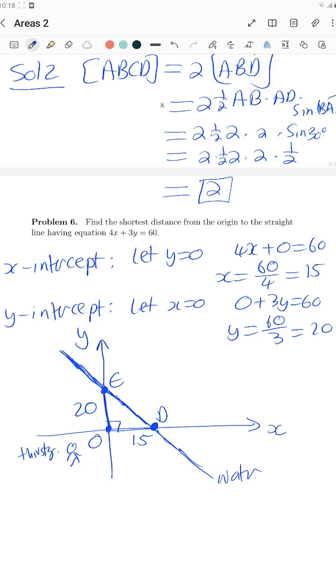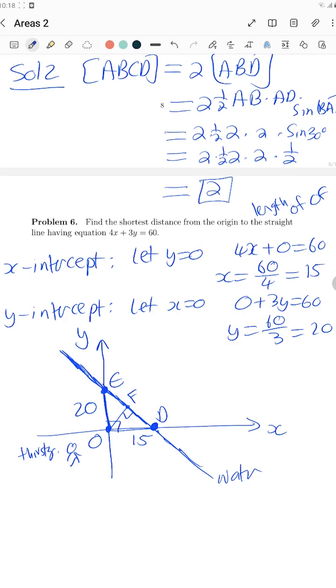And playing with properties of right angle triangles, you know, in a right angle triangle, the longest side is the hypotenuse. It's not hard to see that the point that you're looking for is point F, where OF is perpendicular to DE. So finding the shortest distance in this problem evaluates to finding the length of OF, such that point F is on line segment DE, so that OF is perpendicular to DE.